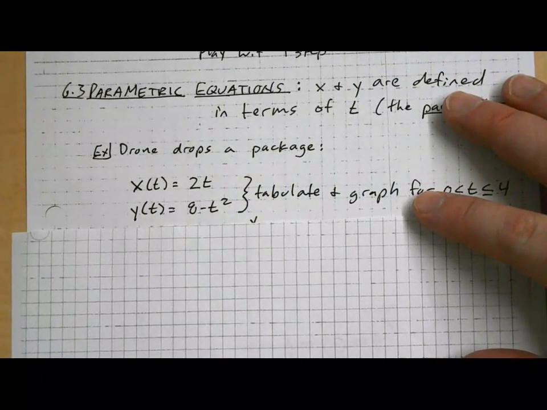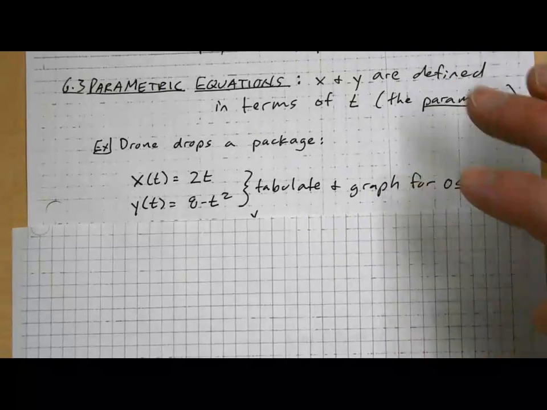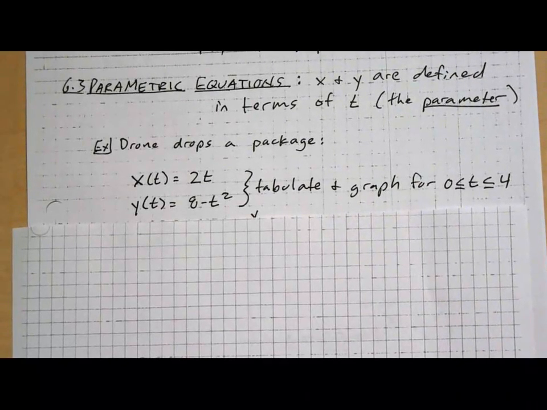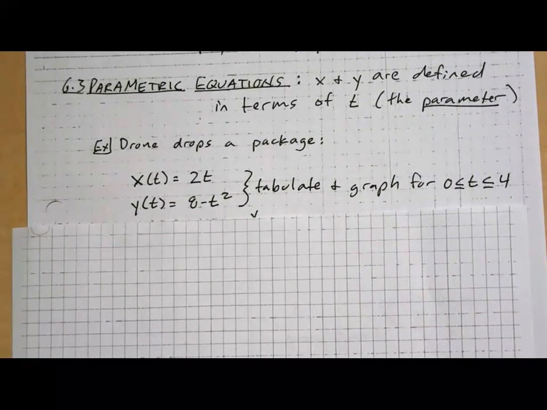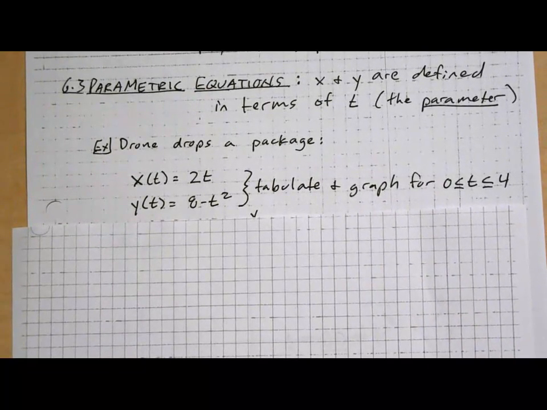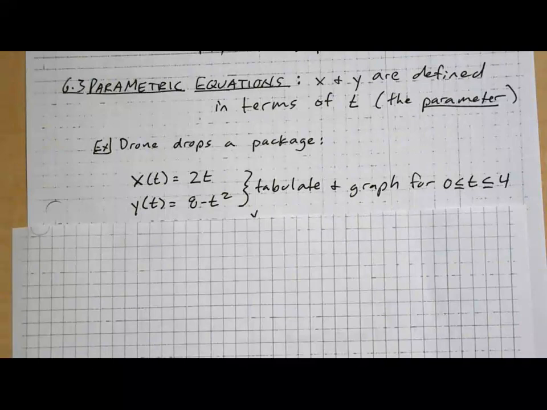A drone dropping something. This drone is not on planet Earth. It is on a planet or someplace with gravity, but the gravity is not the same as Earth gravity. We're not going to get quite into the whole acceleration due to gravity yet.